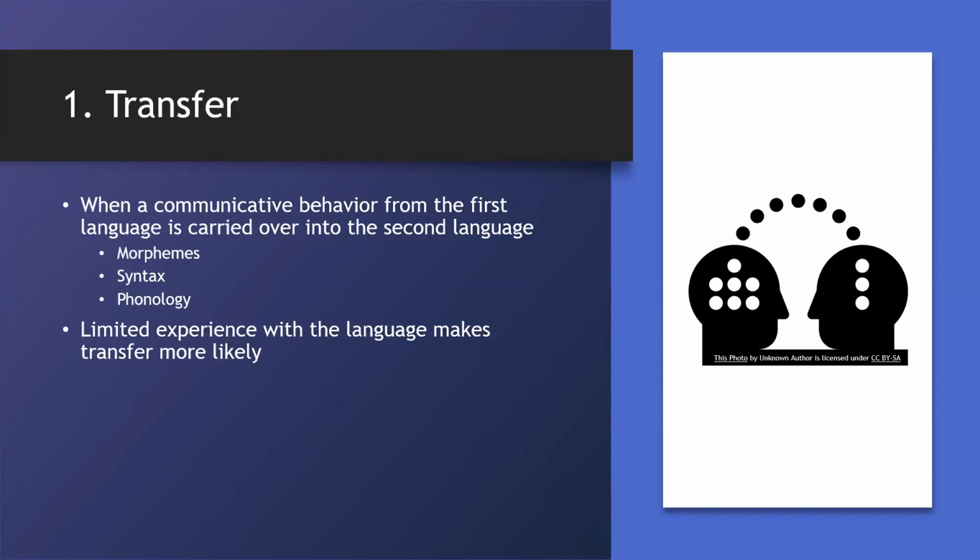Syntax, phonology. I think phonology is one of those things that you definitely hear a lot of transfer in folks who are learning English out of childhood, either in later childhood as teenagers or really past the age of 9 at a maximum.